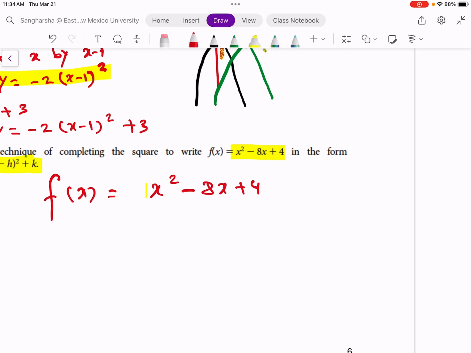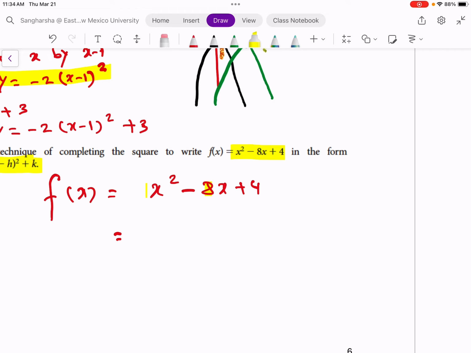Okay, after that we're going to take the coefficient of x. So what is the coefficient of x here? 8. You can ignore the sign. Okay, it's the same as completing the square. Take the coefficient of x, divide by 2, square it, and in this case we are adding and subtracting. This is not an equation.